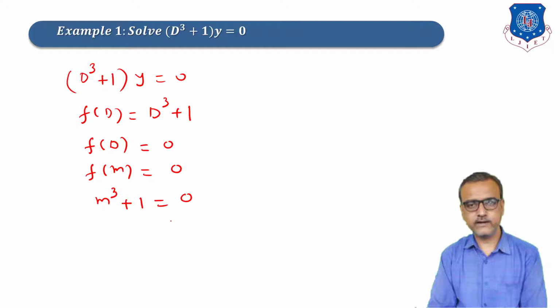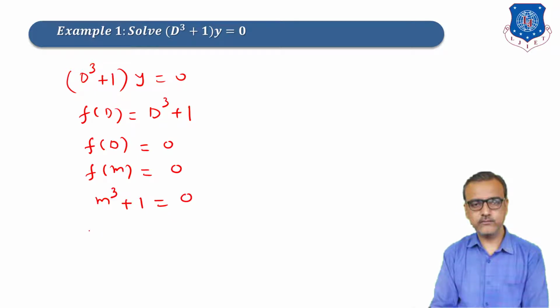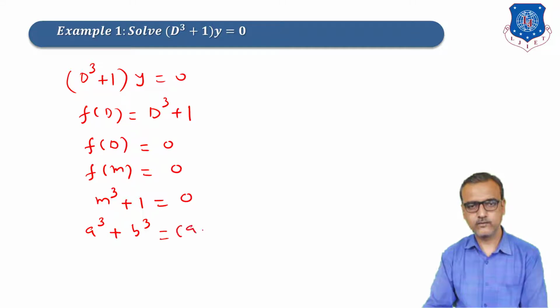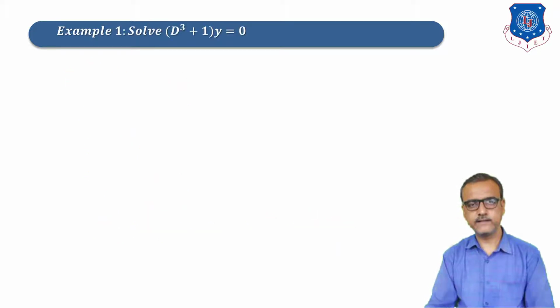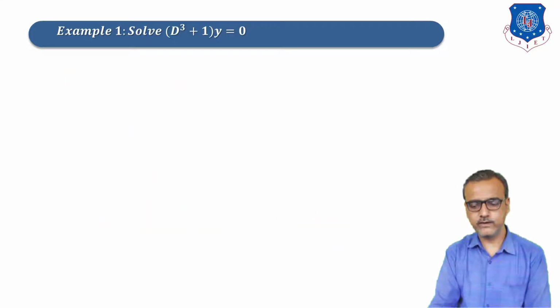Now we will factorize this equation, m cube plus 1 equals 0. How will you factorize? For that purpose you have to remember this formula: a cube plus b cube equals a plus b in one bracket, a square minus ab plus b square in the second bracket. So we apply this on m cube plus 1.